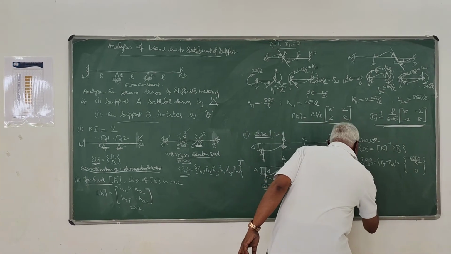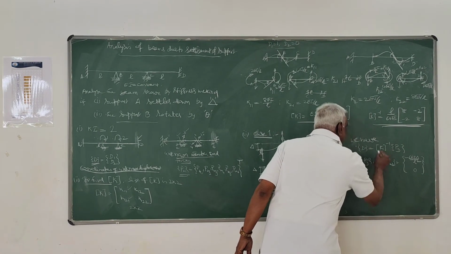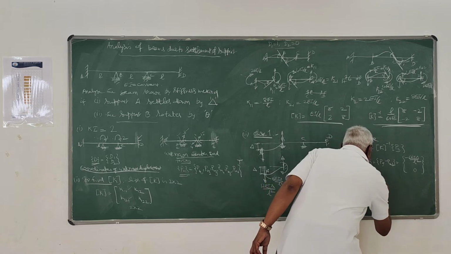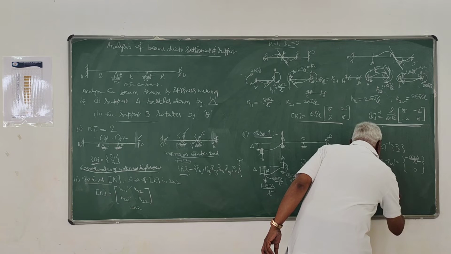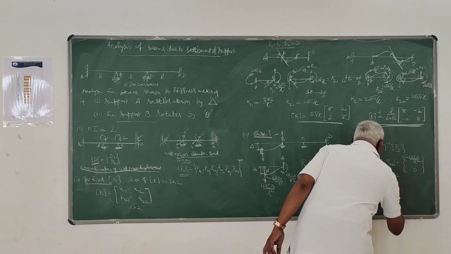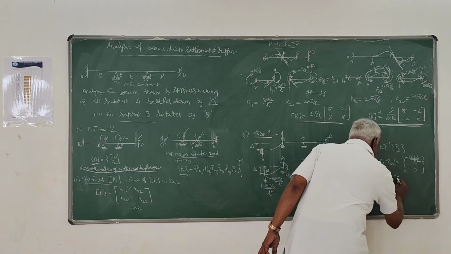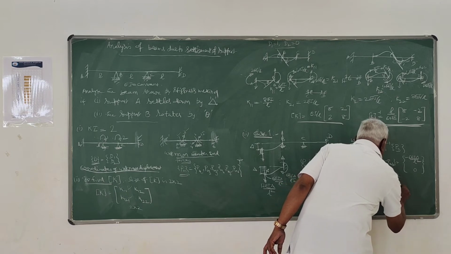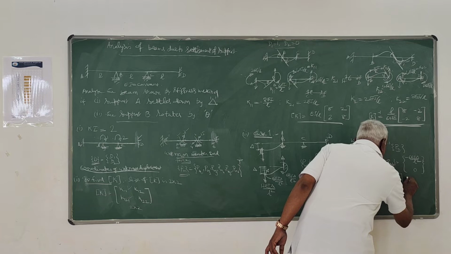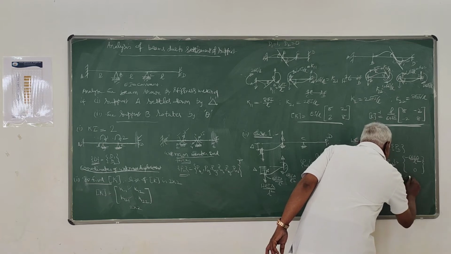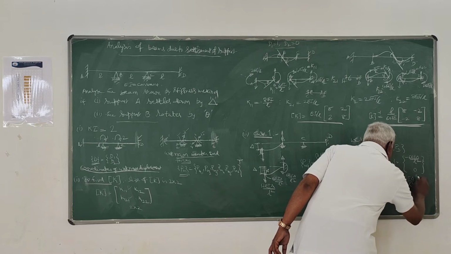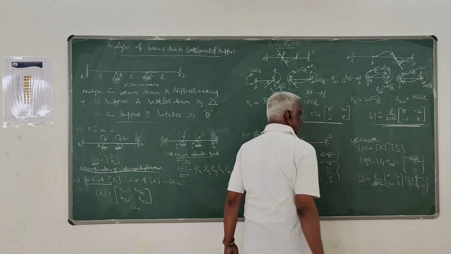So therefore, D is equal to K inverse, which means L by 60 EI into 8, minus 2, minus 2, 8, that is K inverse. PD is EI delta by L square into minus 1, 0. This I am getting later.